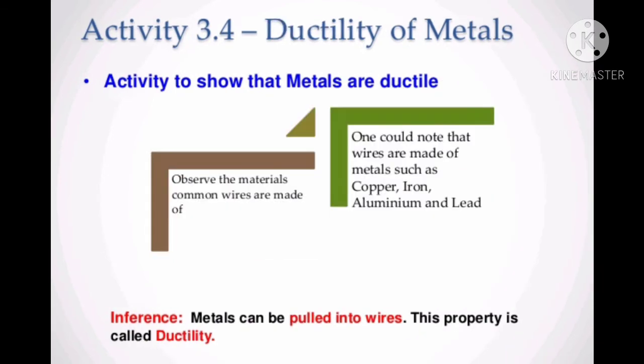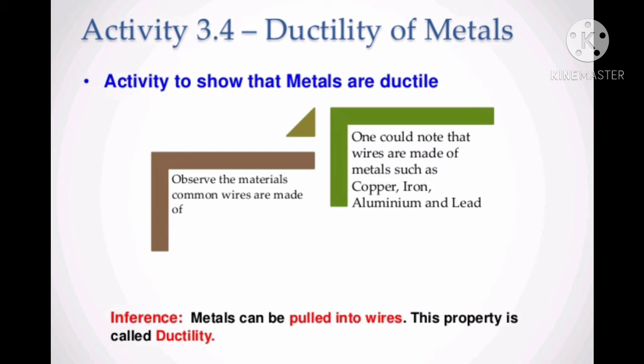Then we will proceed to activity 304, in which metals can be changed into wires. Observe the metals. Common wires are made, and many wires are made up of metals only. One could note that wires are made up of metals such as copper, iron, aluminium and lead. Children, these wires are made up of such metals because they can be turned into wires, as well as they are affordable, meaning they are a little bit cheap.